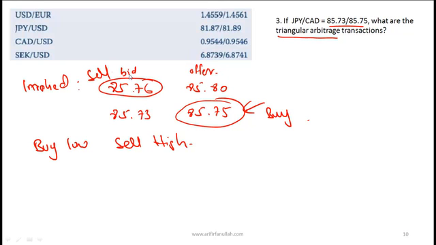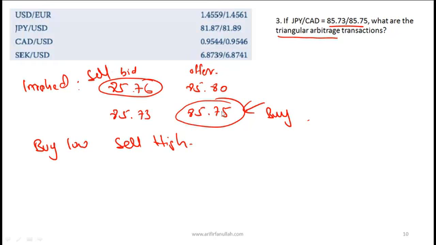A bid price means that this is how much the dealer is willing to buy. So the dealer is willing to buy, that means you can sell at 85.75. So what are the set of transactions that you would do?